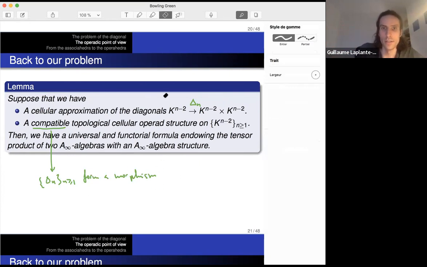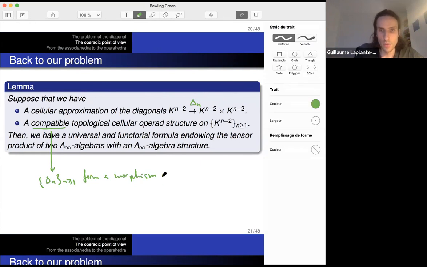Well, if you're able to solve these problems, you have actually solved the problem of endowing the tensor product of two infinity algebras with an infinity structure.